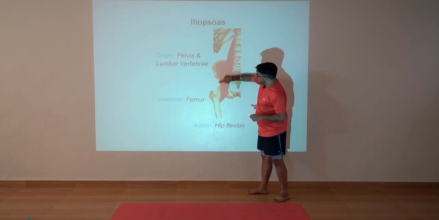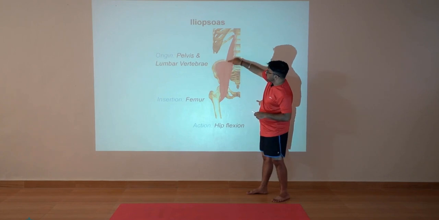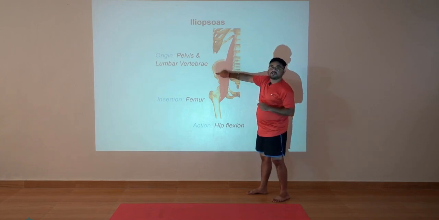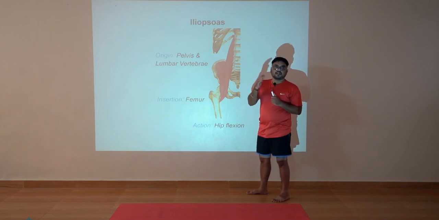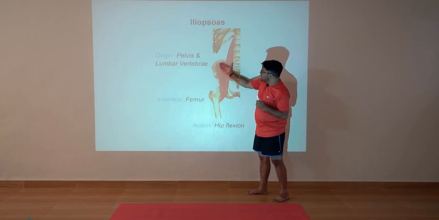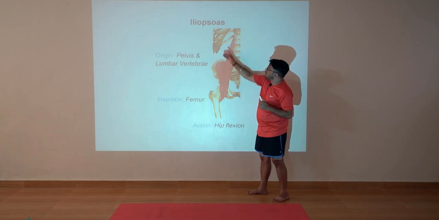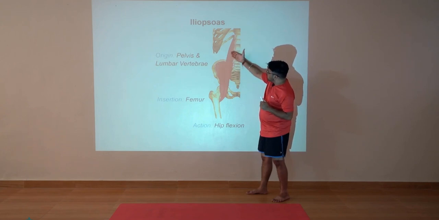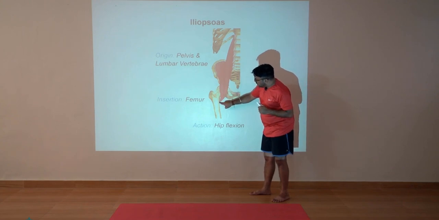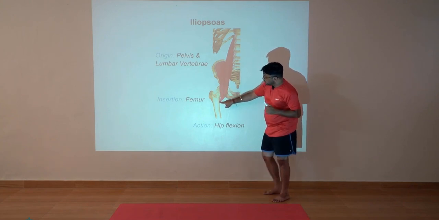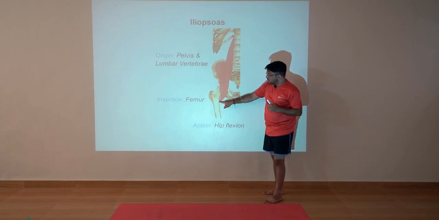We discussed in anatomy that this is the hip bone, and this part we call the iliacus. The iliac crest is the largest part of the hip bone. So the iliacus comes from here, the psoas comes from here, and they both attach to the top part of the femur, just below the head of the femur.